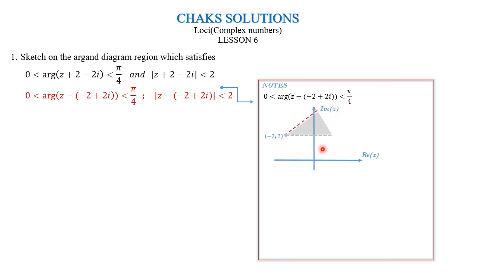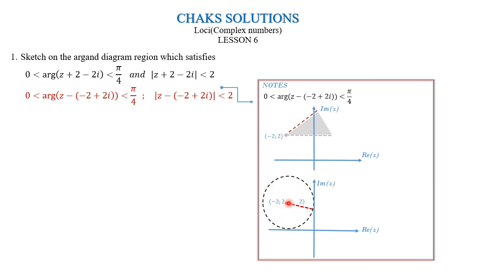All right, then we go to the other one, which is a circle. We know that it's a circle with a center at -2, 2 here and a radius of 2 units. All right, then we draw a broken circle, because the points on the circle, the complex set on the circle, are not included here.